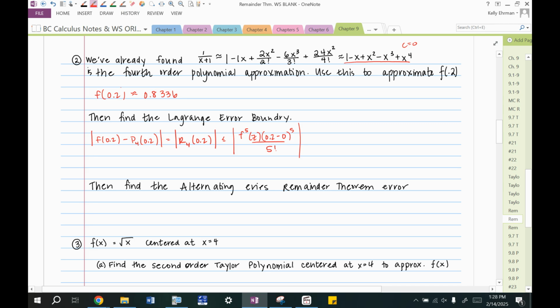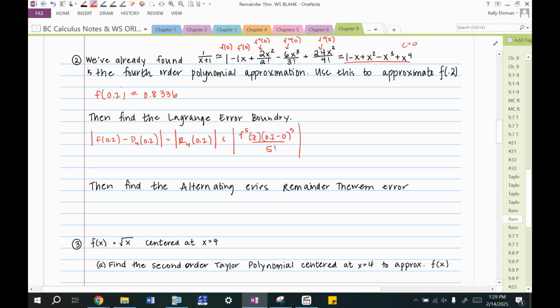So let's see. Now, I could take a bunch of derivatives, but there's a reason this is being shown to me. This is f of 0. This is f prime of 0. This is f double prime of 0 over 2 factorial. This is f triple prime of 0. This is f to the fourth of 0, fourth derivative. So what's the fifth derivative going to be?